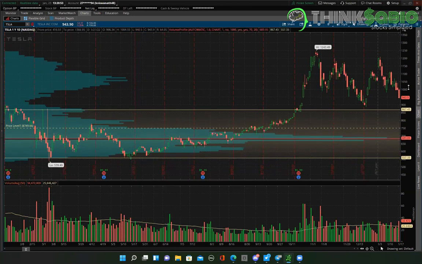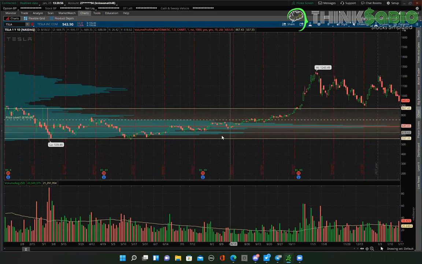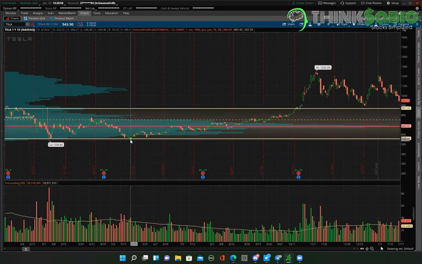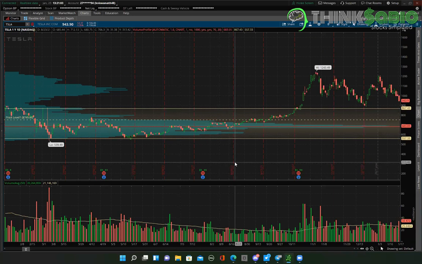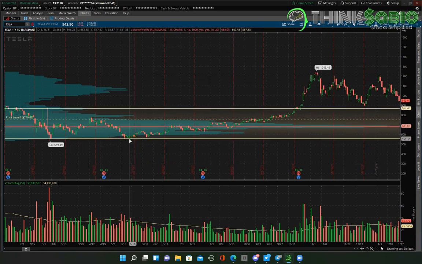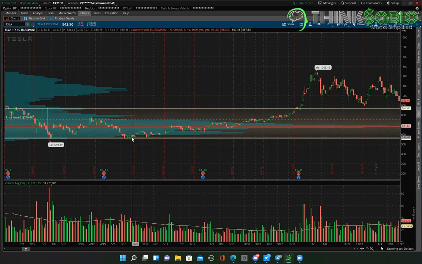And then if I minimize this, you'll actually see, okay, where will it go down, right? So it will go down all the way from 557 to maybe 300, 200, which may not happen for a stock like Tesla, but I'm just saying in general, if you look at any other stock, if a stock is breaking below the volume profile low, this is the volume profile low, and this is the volume profile high, that means there is a high chance that the stock will go down, because the majority of the volume, buyers and sellers, are at this range.